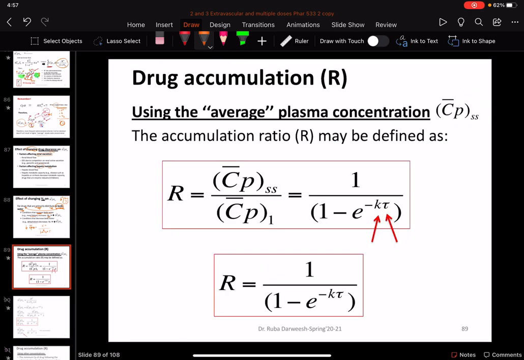Okay, if we remember the accumulation factor, or the R, capital R, we know that we can define this in 3 different ways, and it's all related to something at steady state compared to a single dose, and the term of the accumulation is equal to this term.